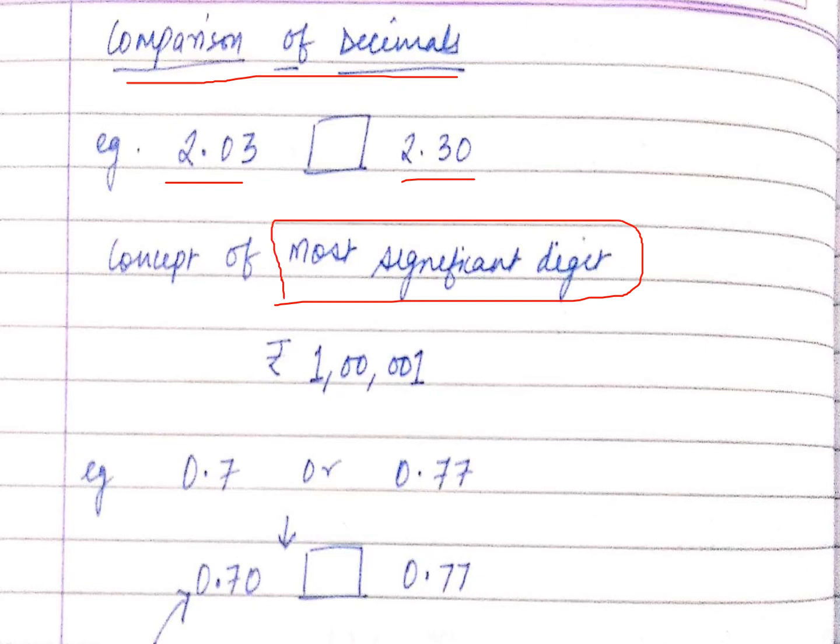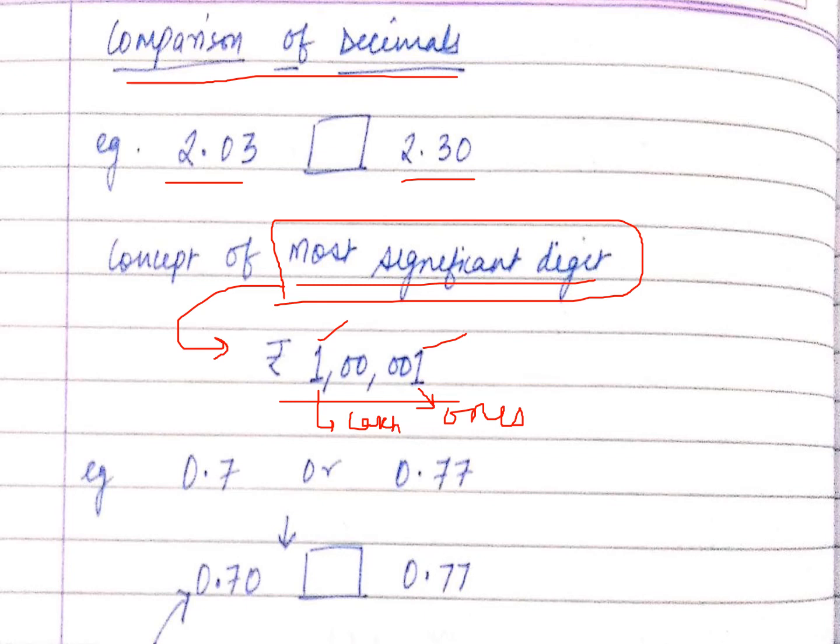I hope you have heard this term before. Very simple. Let's take an example. Suppose you have 1 lakh 1 rupees. You can observe there is 1 in the starting and 1 in the end. Or you can say this has place value ones, and this has place value lakh.